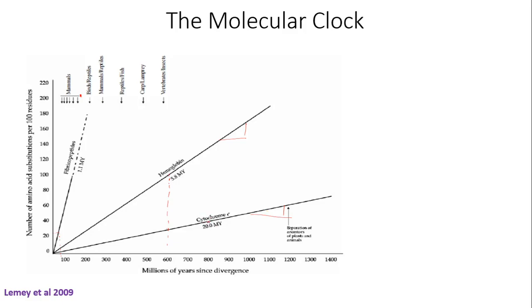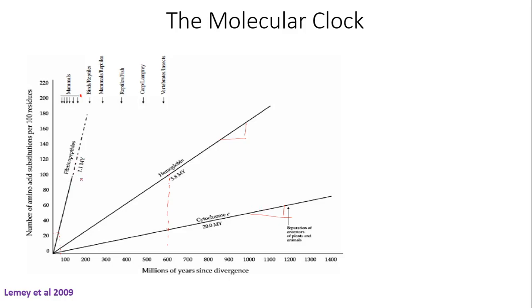From this observation, one can conclude that mutations happen at a slower rate in cytochrome C, and substitutions might have happened at higher rates in fibrinopeptides.